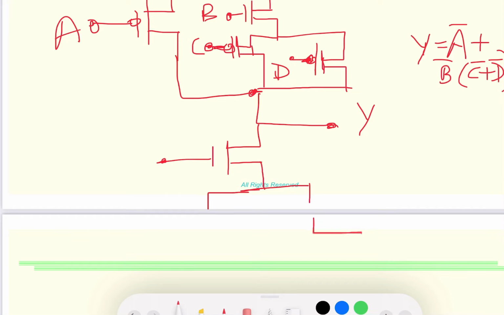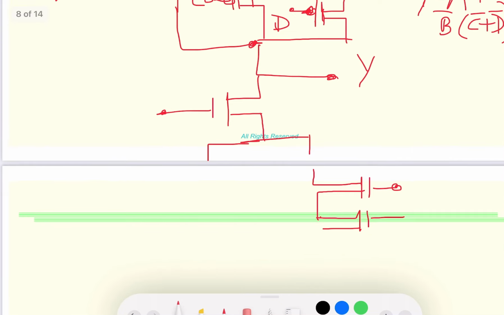I can give input C here, and in series would be D, and this would be B.